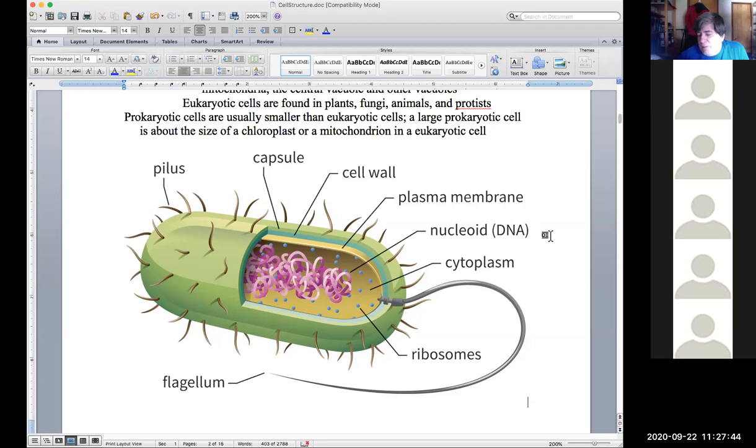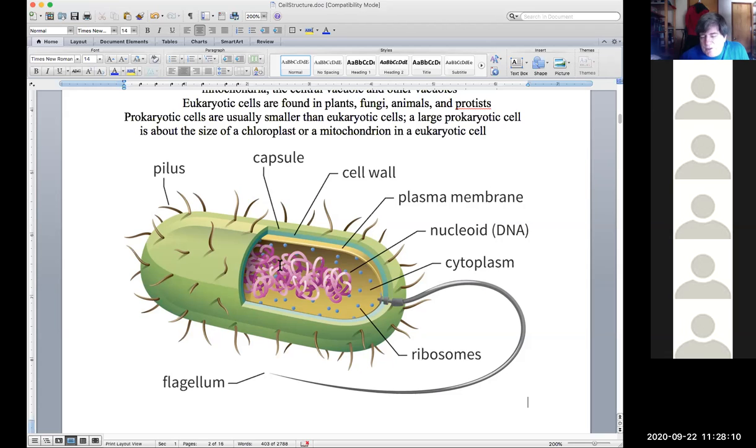So the fact that it's made of DNA and only DNA is also another difference that we'll see when we start looking at eukaryotic chromosomes. So eukaryotic cells usually have an even number of chromosomes. Prokaryotes just have 1. Eukaryotic chromosomes are going to have some material besides DNA, but prokaryotic chromosomes only contain DNA.